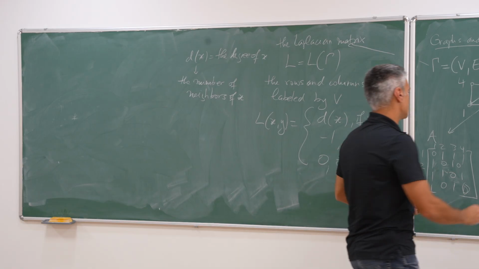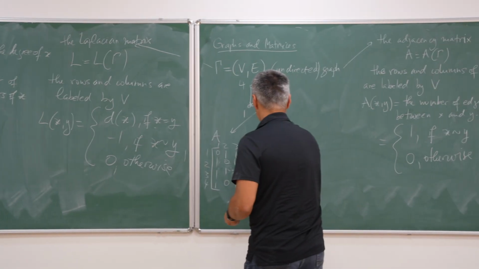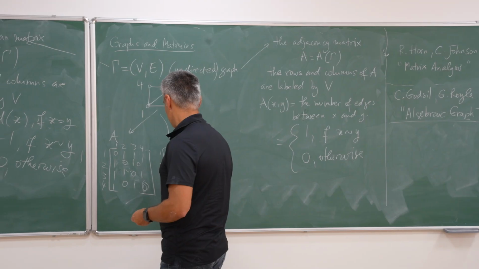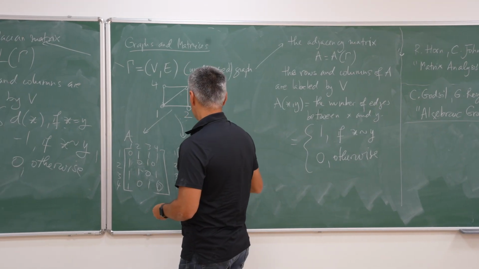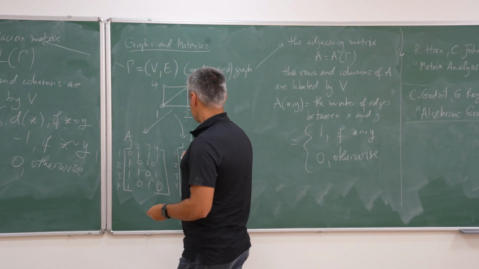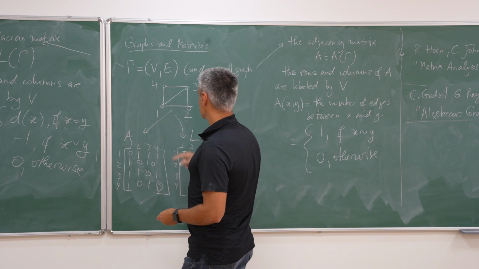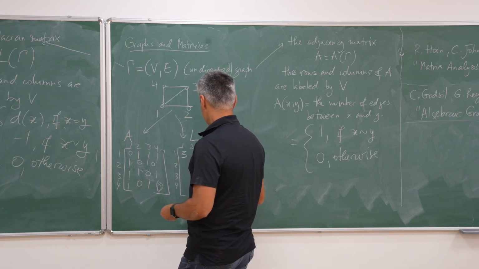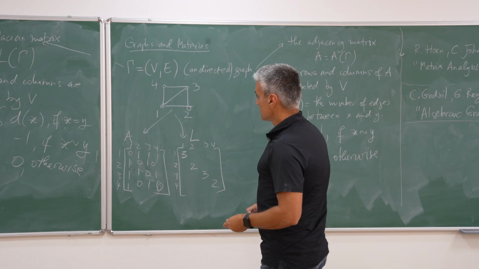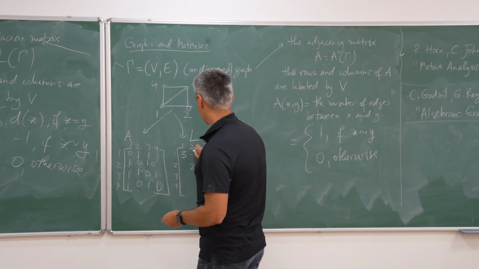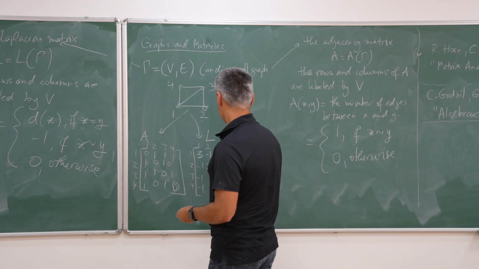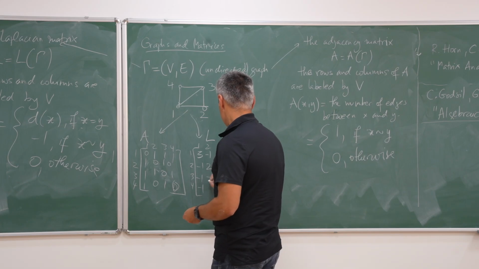So here, if you want to do L, the same thing, 1, 2, 3, 4. So this one has degree 3 because it has 3 neighbors, and then 2 has degree 2, 3 has degree 3, and this one has degree 2, and then you have -1, -1, -1, and 0, 0.